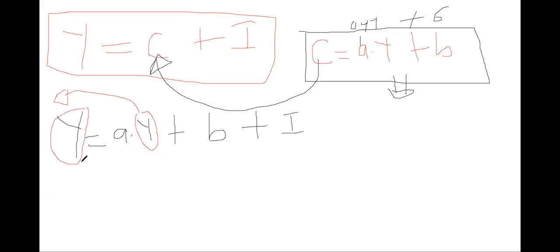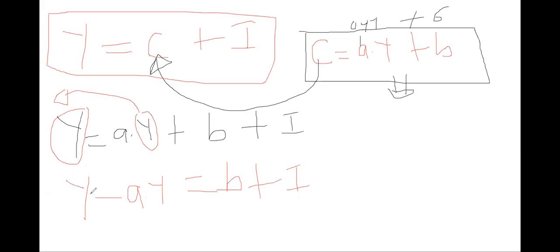Okay, so we continue with this. We will transfer this to the other side of the equation. So we will have y, with this y, then this will come here. The sign is plus, it will change to minus: y minus a y equals b plus investment. So there is a y here, there is a y here, we can factor it.